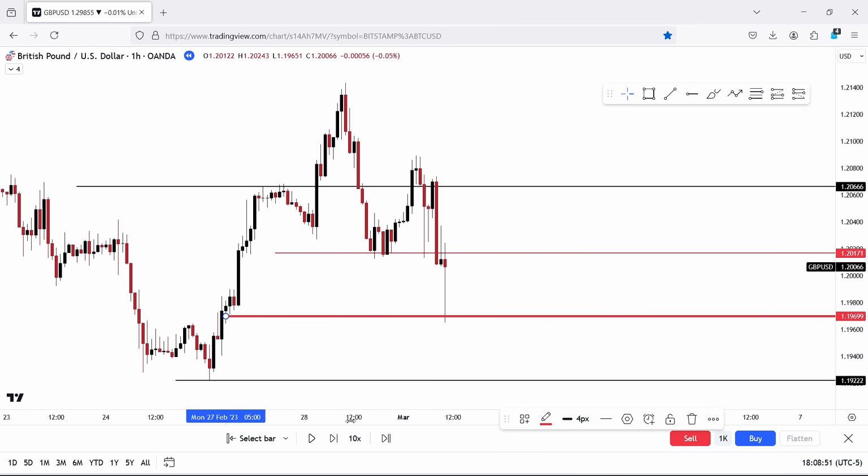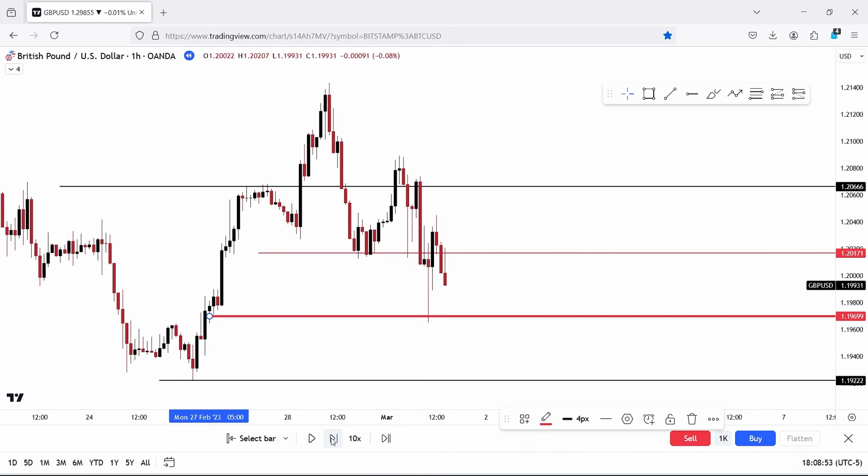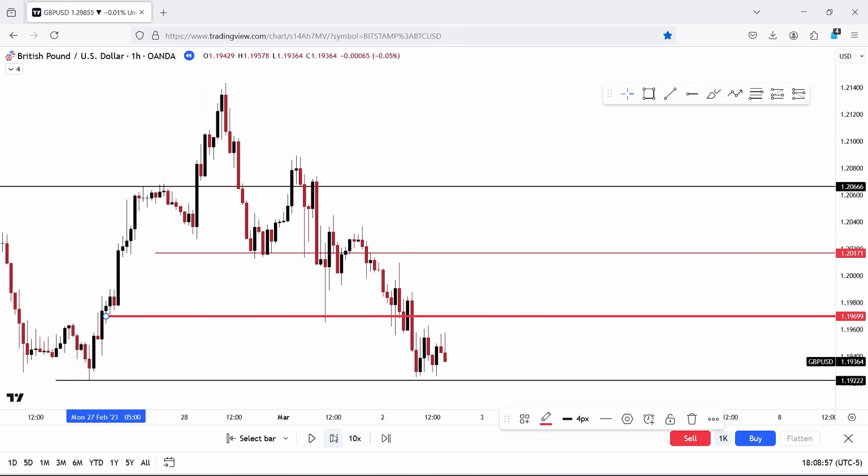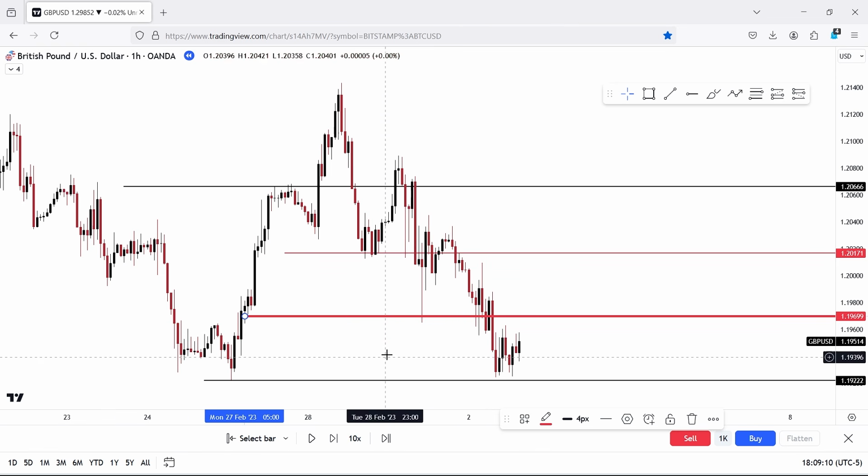This is the 50%. Look what happens next. Price reached the 50%, came back, closed the day outside of your range, and now the next day is when price filled out your entire range.